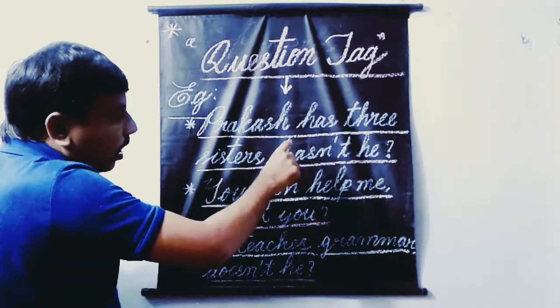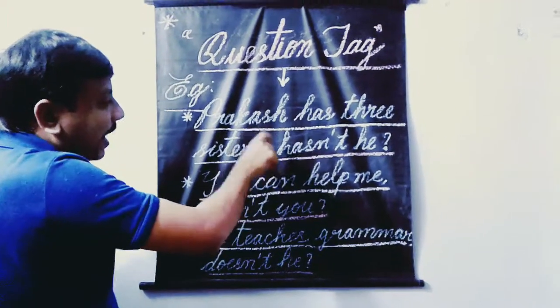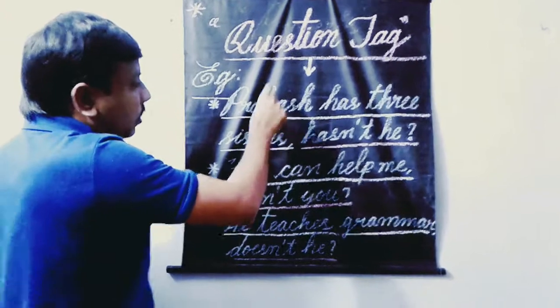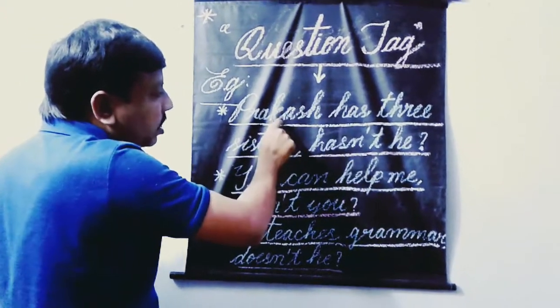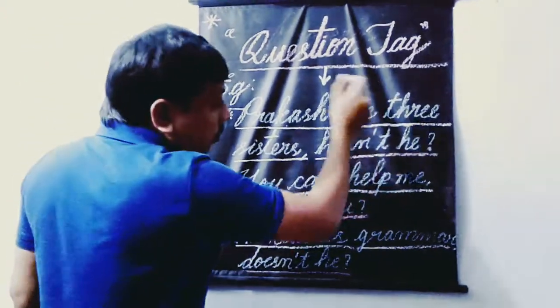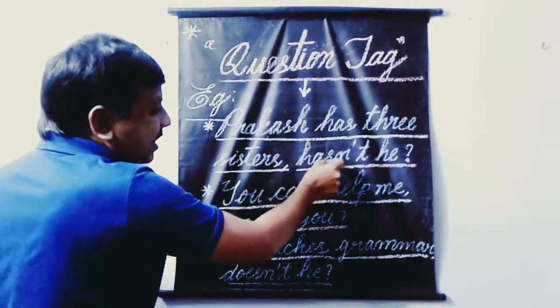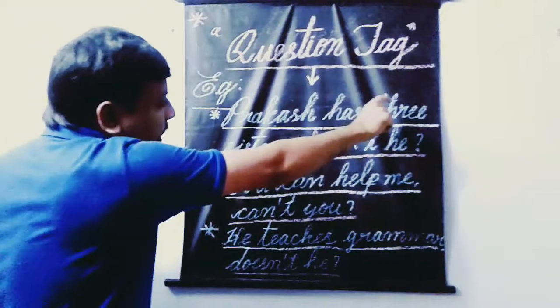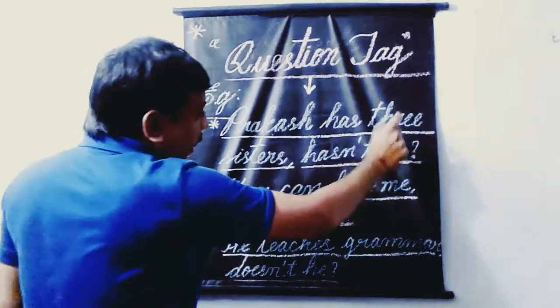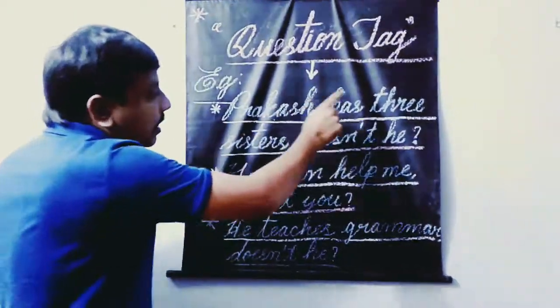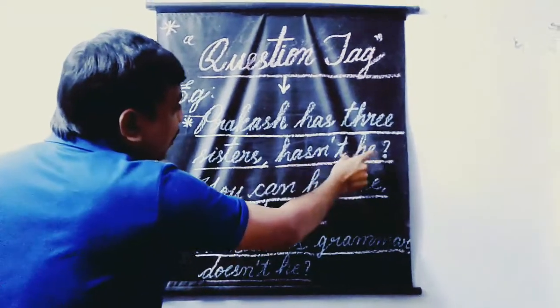While adding a question tag to the given statement, the noun should be changed into a pronoun. Has becomes hasn't. Positive statement takes negative question tag. Prakash has three sisters, hasn't he?